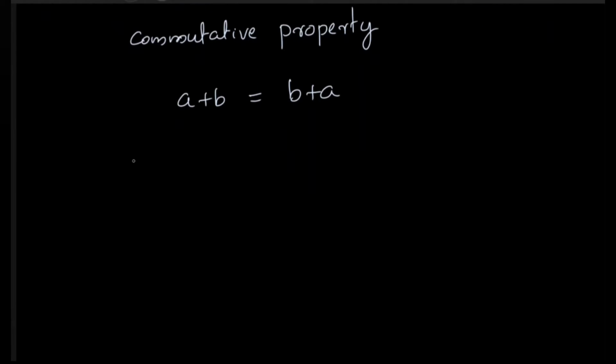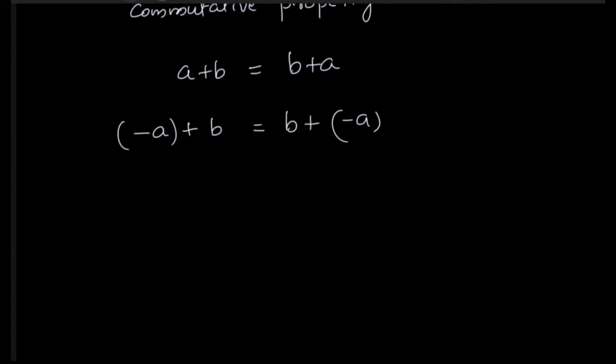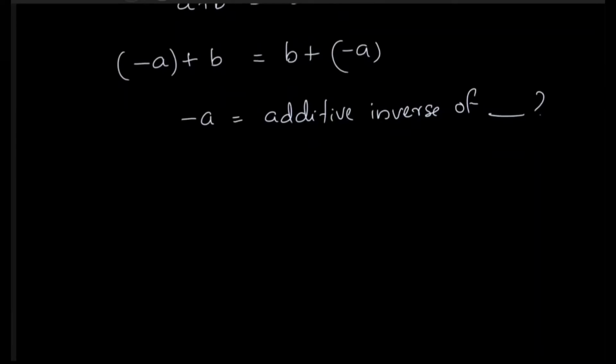So our question can be rewritten like this: negative a plus b equals b plus negative a. This negative a is the additive inverse of what? In our question, negative a is nothing but the additive inverse of dash. For finding the additive inverse, we simply change the sign. So it is equal to a. So our answer is a.